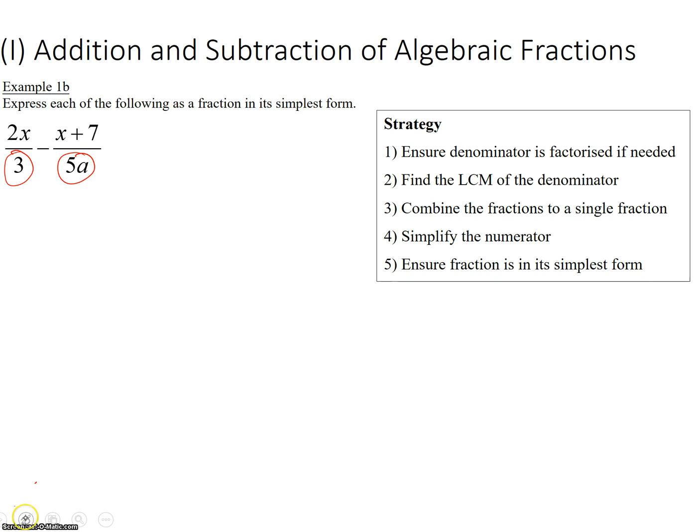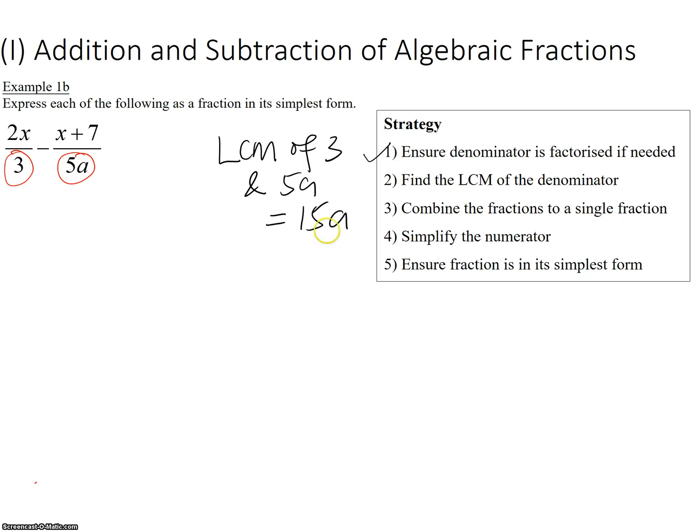They are factorized, so you don't need to do anything on this part. Now we need to find the LCM of the denominators. My LCM of 3 and 5a will be 15a. This is something that you need to be able to do, identify the LCM.